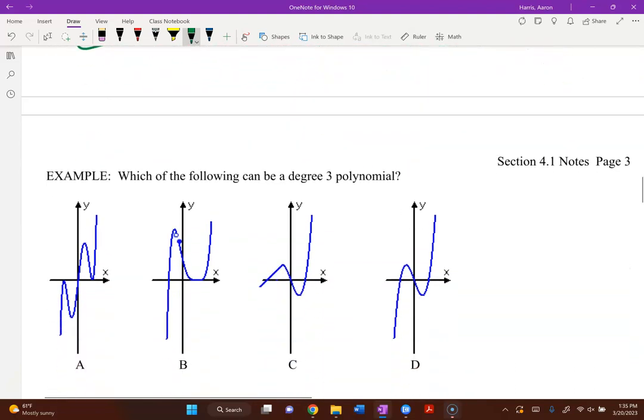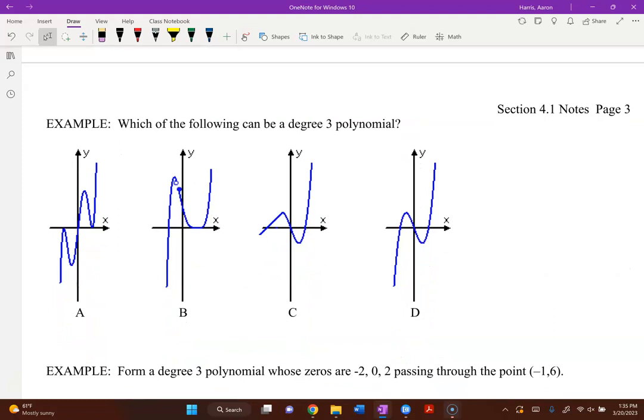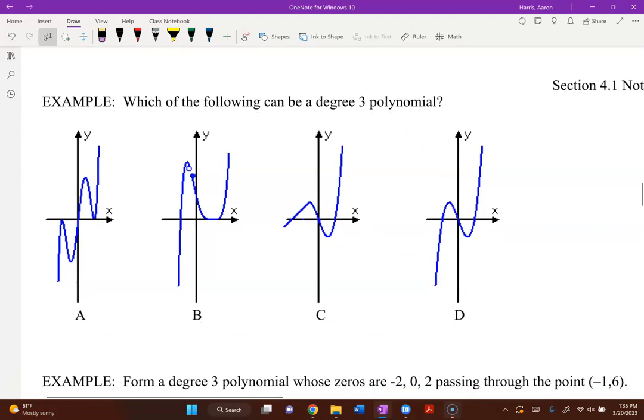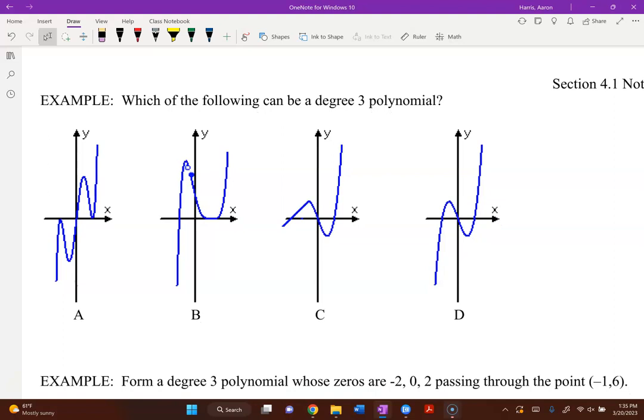Okay. So let's talk about this. Now that we know they're smooth and continuous, let's talk about turning points first. If this is a third degree polynomial, I'm going to have at most how many turning points? 2. So it could be, which is it not then? It is not A. That's too many turning points, right? That has 1, 2, 3, 4 turning points. So there's no way it's A. Now these other ones look like they have some turning points. Which one would it be then?